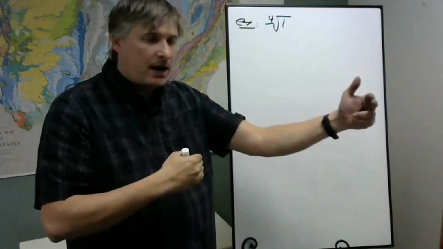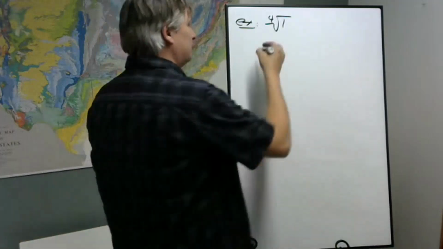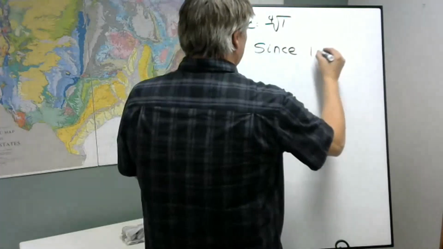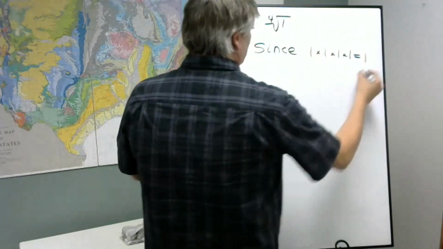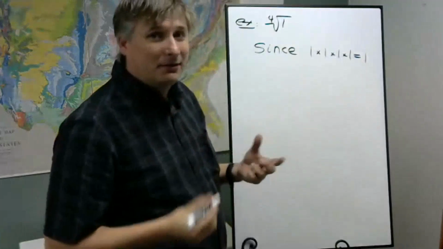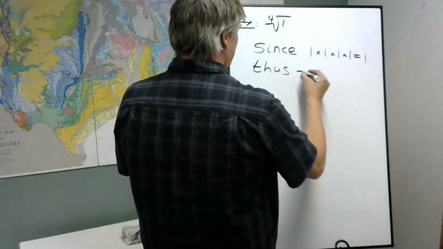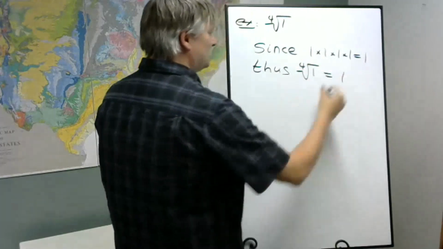If we multiply those 4 copies, do they give us 1? Well, there is. One. Thus, the fourth root of 1 is 1.